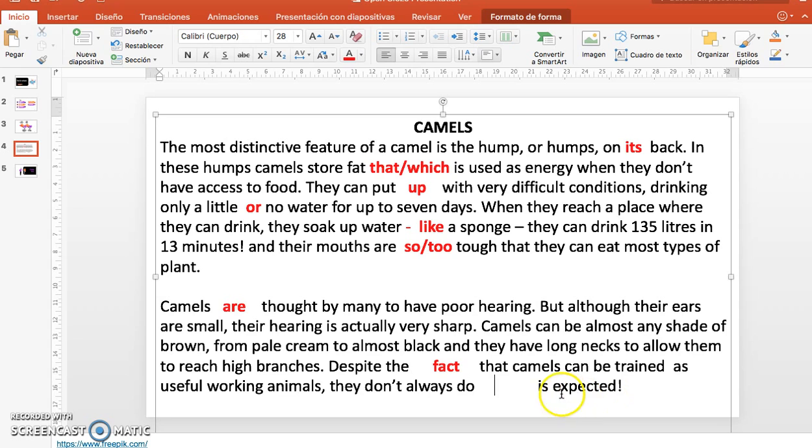So in this case, the most appropriate one is what, because how is not appropriate here. So here the key was the exclamation mark. As I told you, there are two common words that are used for exclamation, what and how. So that's why the answer here is what.